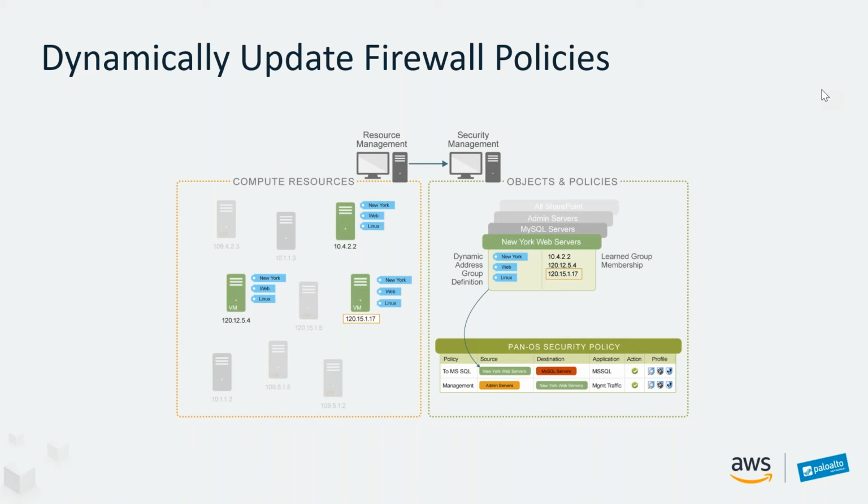That directly conflicts with the dynamic nature of the cloud. So now what we can do is tag those workloads using AWS tags. We can consume those tags as part of the security policy, and as those workloads are added and removed, the security policy is updated automatically, eliminating the change control process and potentially the commit process that a firewall needs to go through.